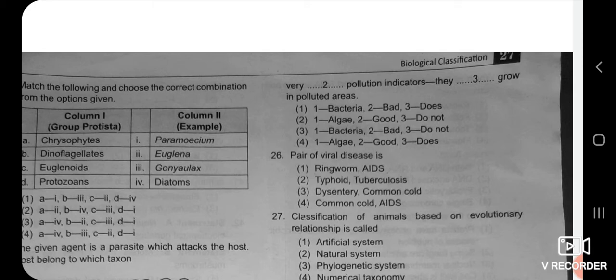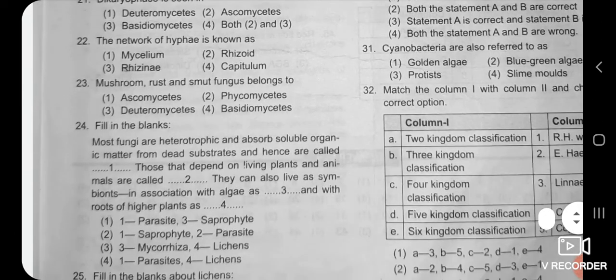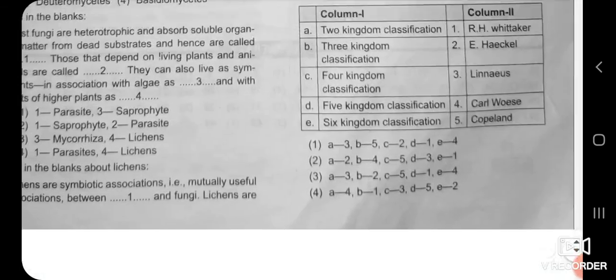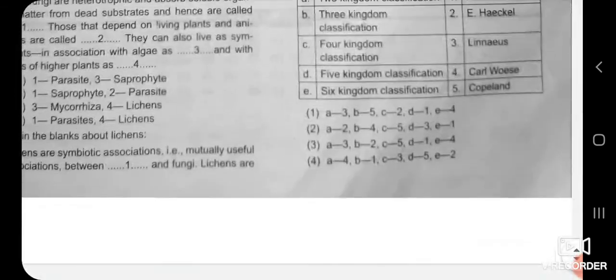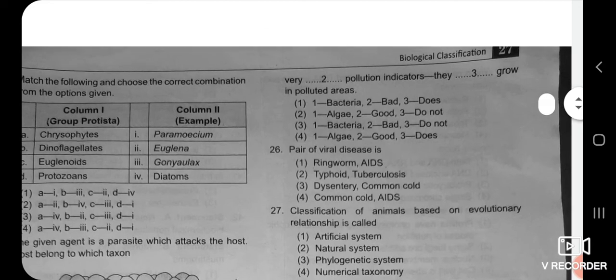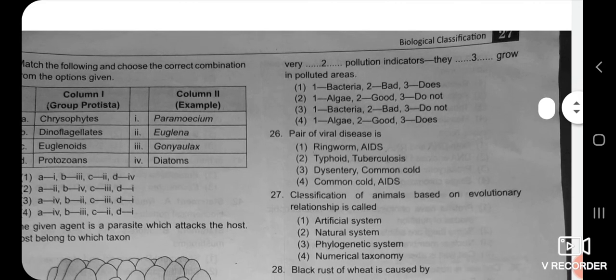So which is the correct answer? That is the second answer: algae, good and do not. That means lichen shows association between algae and fungi, and lichens are good pollution indicators and they do not grow in polluted areas.